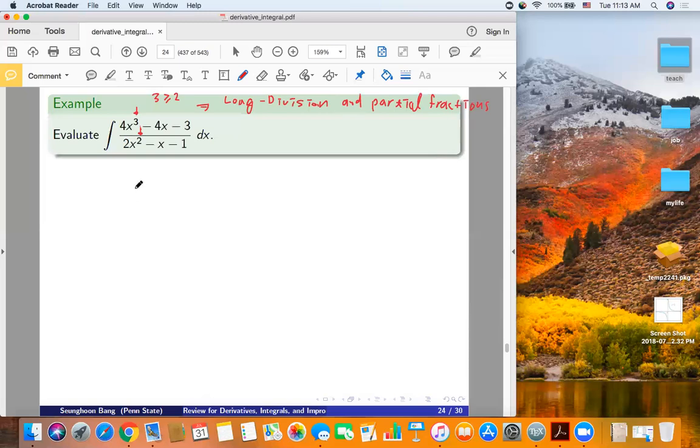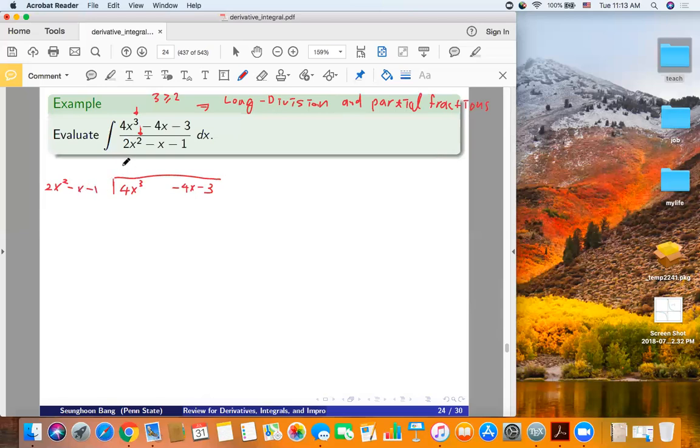Here we have 4x cubed minus 4x minus 3 divided by 2x squared minus x minus 1. How can you do that?